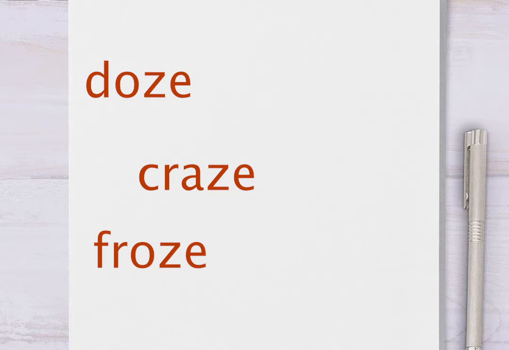Great job. The word doze is spelled D-O-Z-E. I know sometimes it gets confusing. It almost sounds like does, but we're looking for a VCE word. Vowel, consonant, E. Doze.